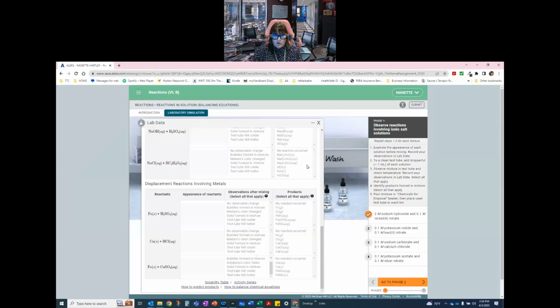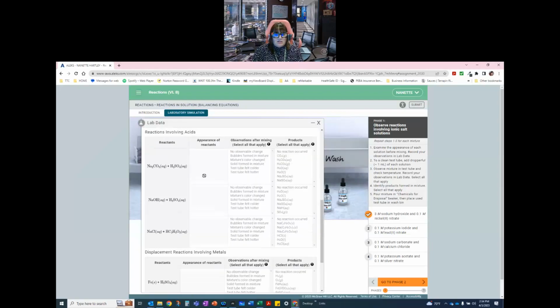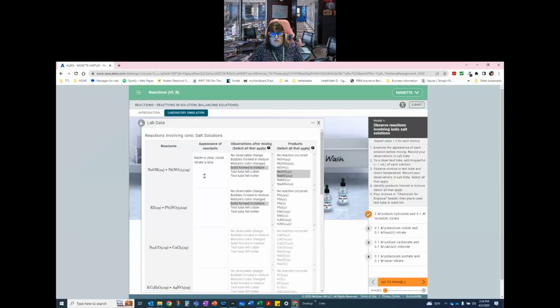Okay, so that is a time when that is not going to work. That's why we get the solid that we formed. Solid in the mixture. I end up with PbI2 solid, and then KNO3 aqueous.